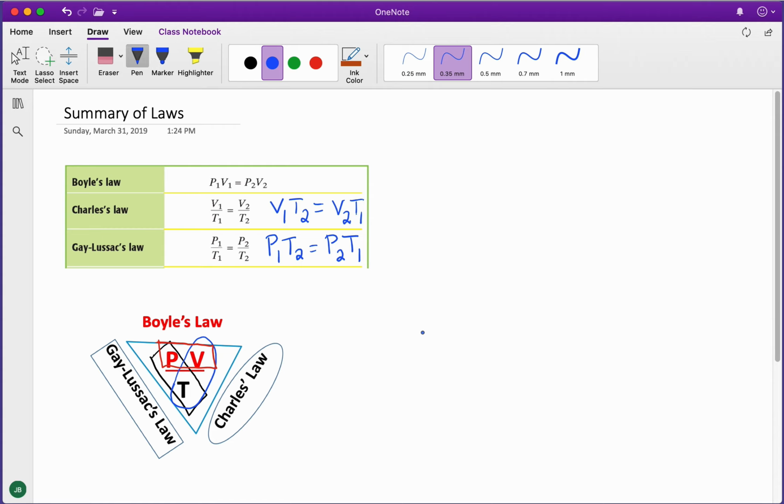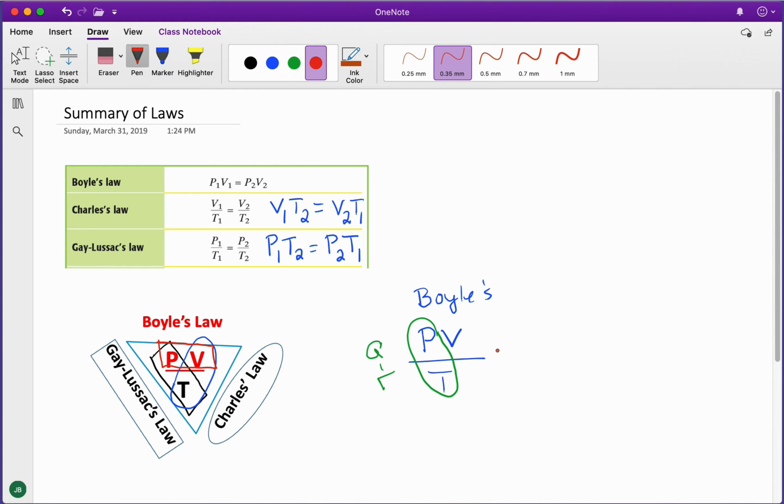So if you want to say pressure, volume over temperature, what we see at the top is Boyle's law, where we have an inverse relationship between pressure and volume. Then over here on this side, we have Gay-Lussac's law.